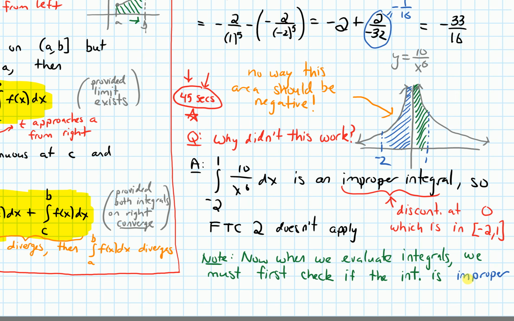Because with this problem, we didn't check if it was improper first. We kind of just dove into a computation, but it turns out that computation doesn't work because this was an improper integral, and this is not the way that we're supposed to handle them. All right, so now let's do this correctly.